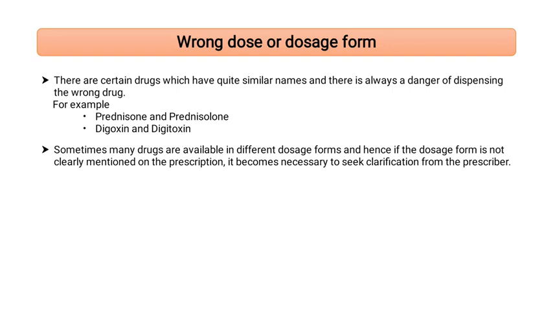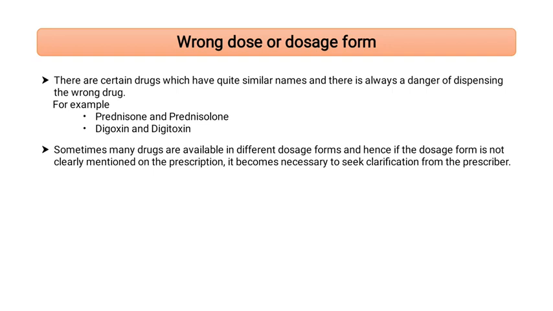For example, prednisone and prednisolone. Here there is a similarity in the name, so there will be a chance of dispensing the wrong one. Digoxin and digitoxin also have a similarity in their names. So the pharmacist should be careful about such drug names.